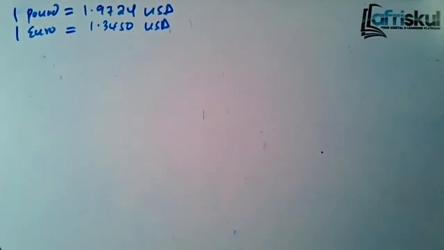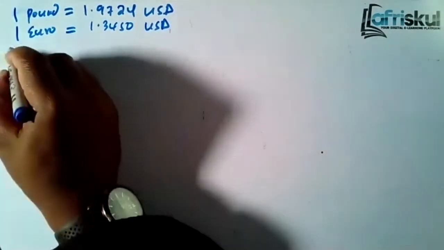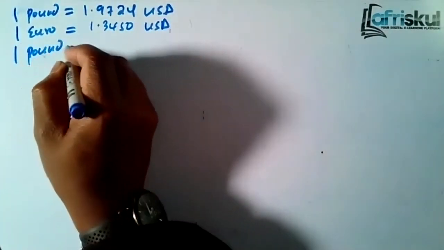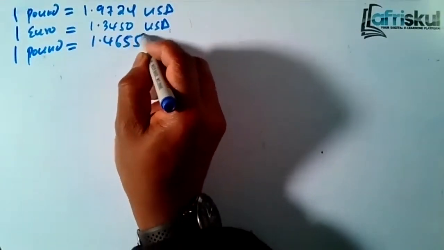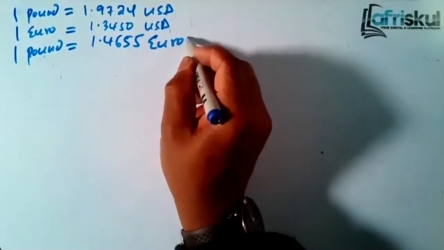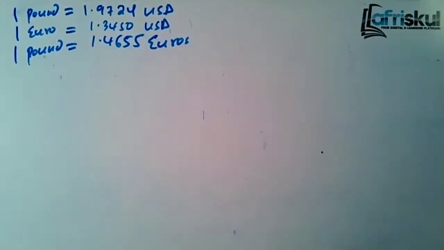Then you are told that at the same time, London banks are offering the pound, 1 pound is being offered at 1.4655 euros. So now we have the currencies there.